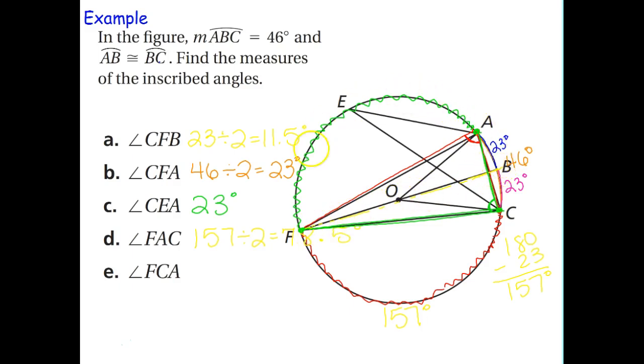But we don't want the whole 180 degrees, we only want from A to F. So we take 180 minus 23 degrees, and that gives us 157 degrees for this intercepted arc. This is an inscribed angle, so remember, to find the inscribed angle from its intercepted arc, you just take 157, again, divided by 2, which is 78.5 degrees.